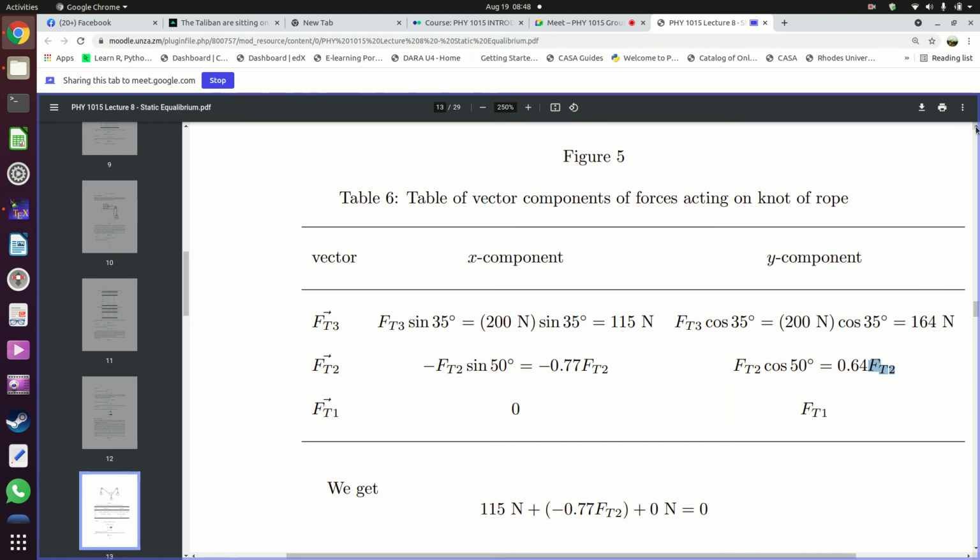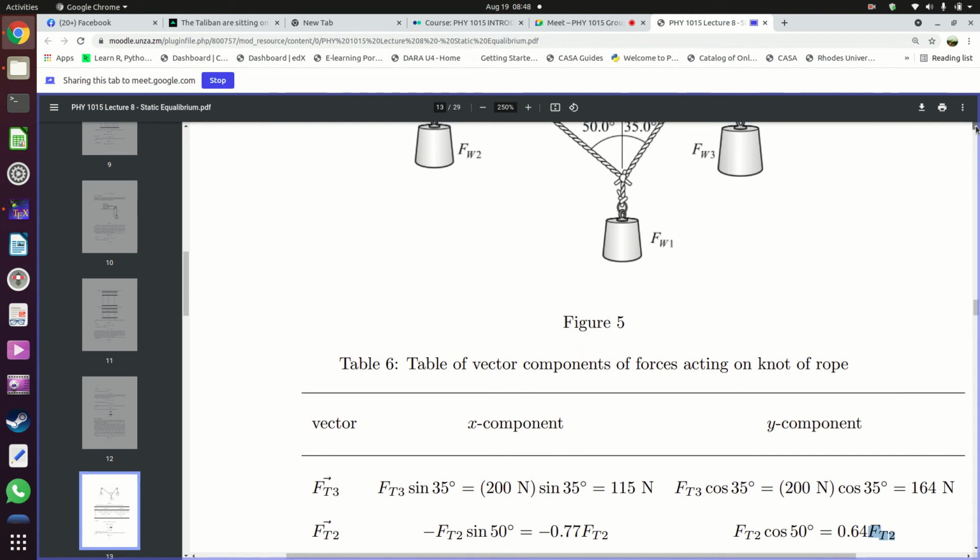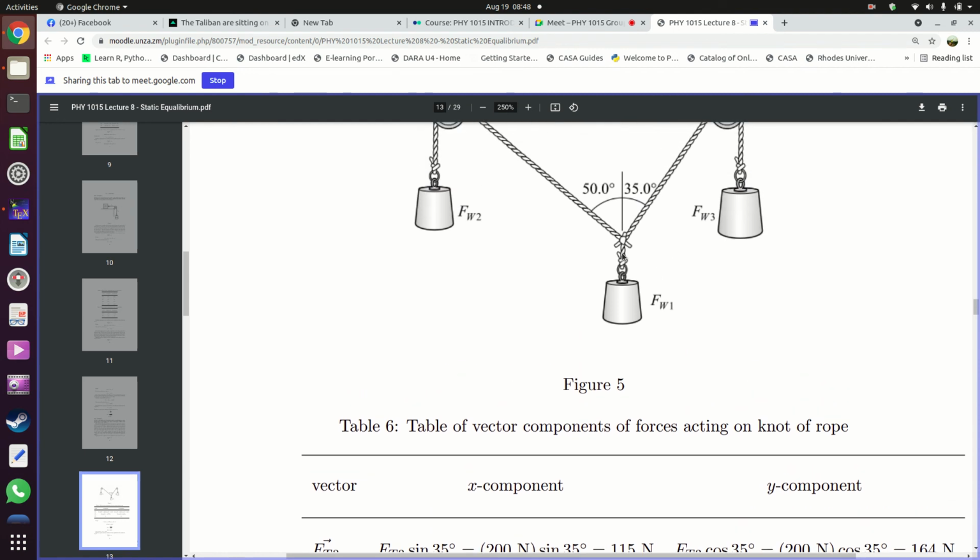Then you move on to the first rope. This rope here. With your XY plane drawn like this, you notice that if this is your positive x-axis, then this rope here makes an angle of 270 degrees from the positive x-axis, from this side. It lies at an angle of 270 degrees. Is that clear?